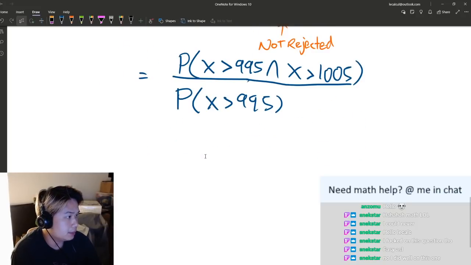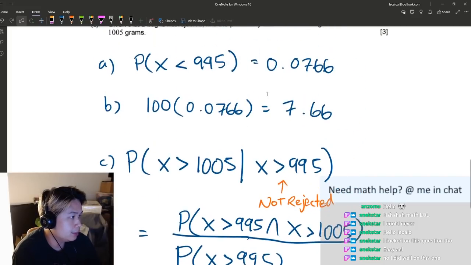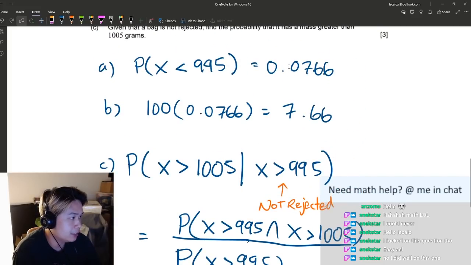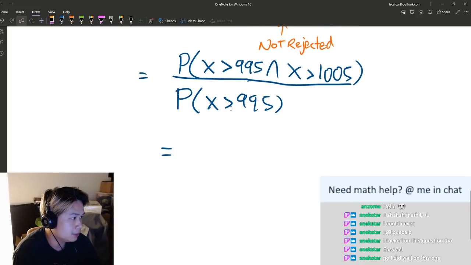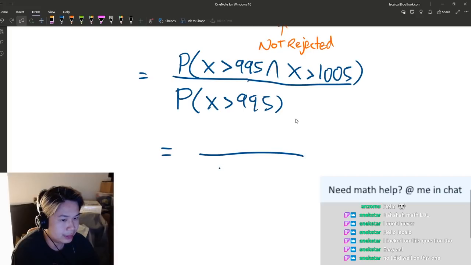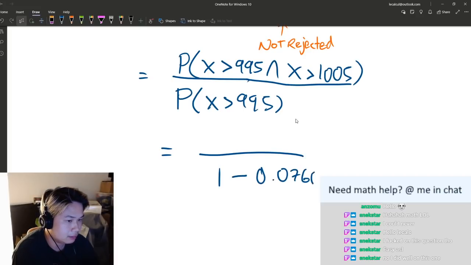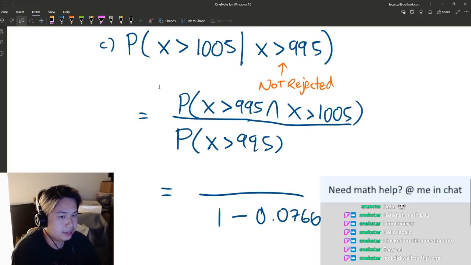Okay, let's talk about the denominator first. In the denominator, we already know the probability of being rejected, so the probability of not being rejected is the complement. Down below we'll have 1 minus 0.0766. And then you need to figure out what this intersection is.